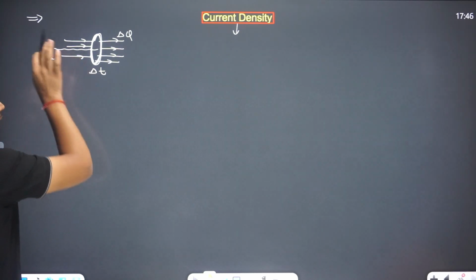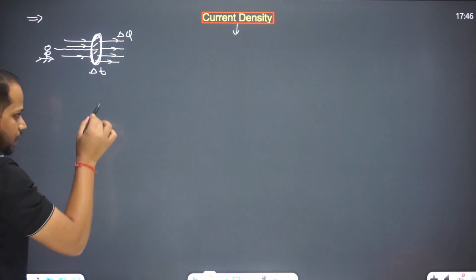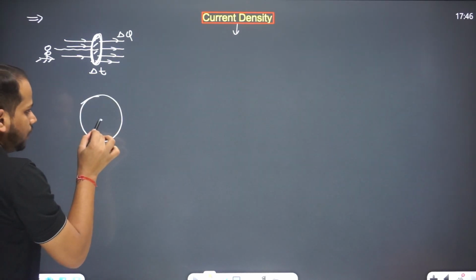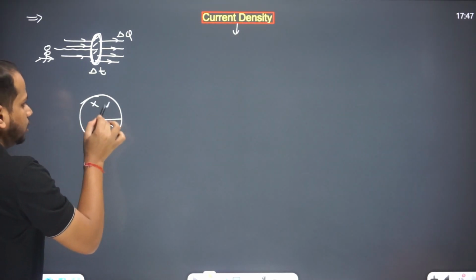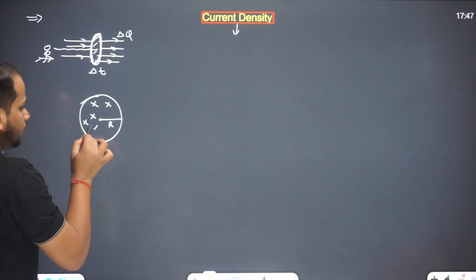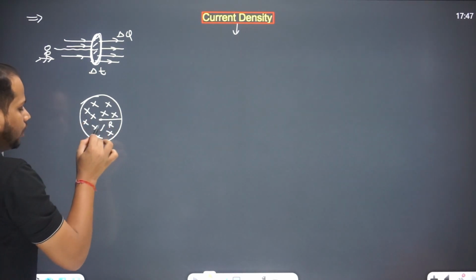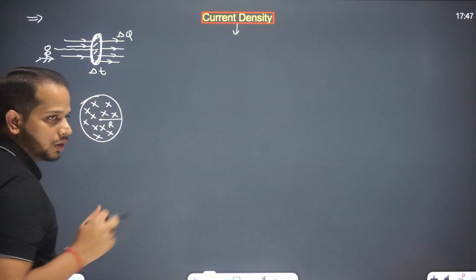You will see the current moving inside this loop, or we can say the area, right? This is the area, the radius is r, and the current is inside. Cross means inside, right? So what is the net current? The net current is I.